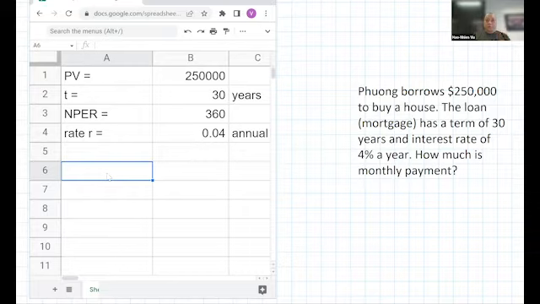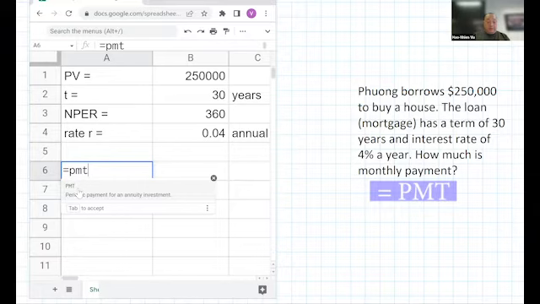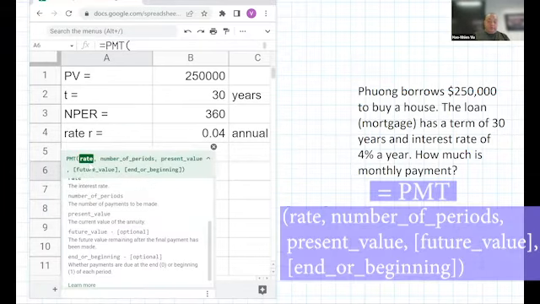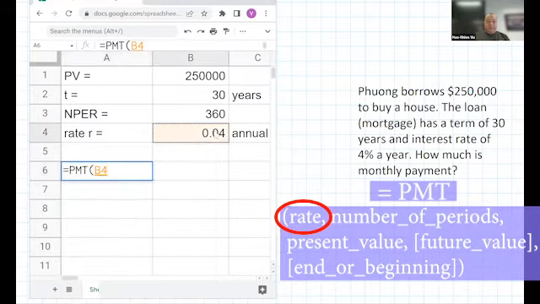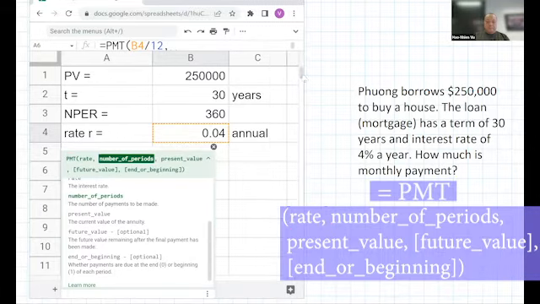Google Sheets works the same way as Excel. So equals PMT, and it gives me this function down here. So I click on it. First piece of information is the rate. So the rate is this number divided by 12, comma. Let me scroll this up a little bit so that we can see the typing.